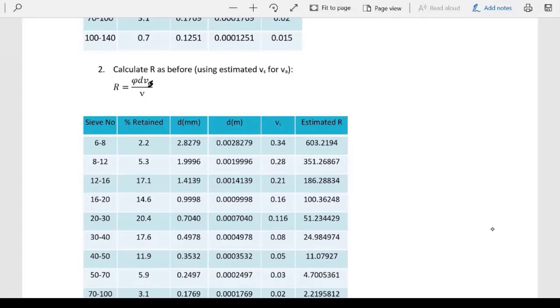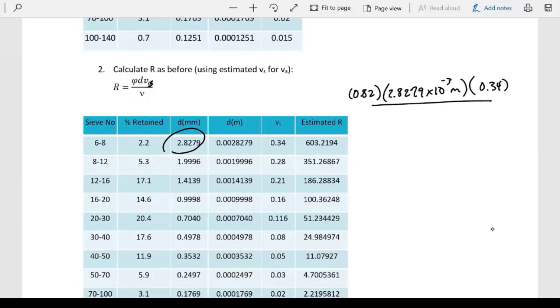It is our shape factor times the geometric mean times the terminal settling velocity, so the estimated value, divided by the viscosity of 1.307 times 10 to the minus 6 meters squared per second. And that will give us an estimated R value.